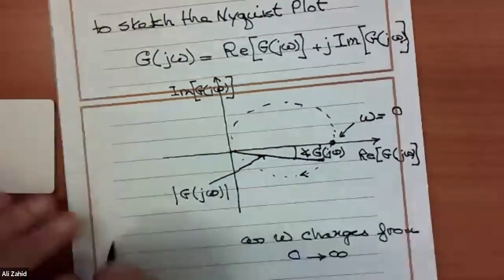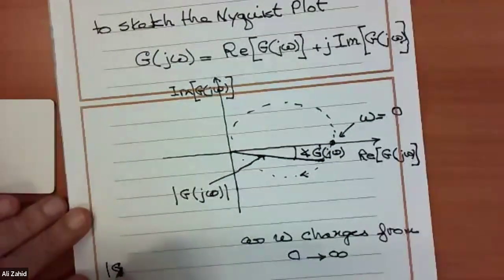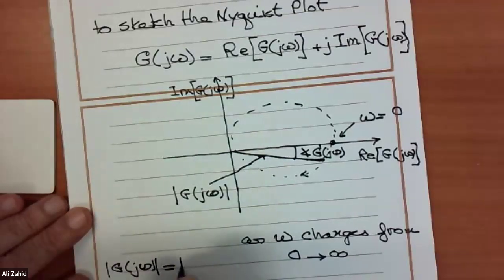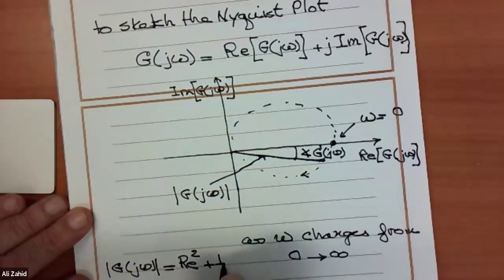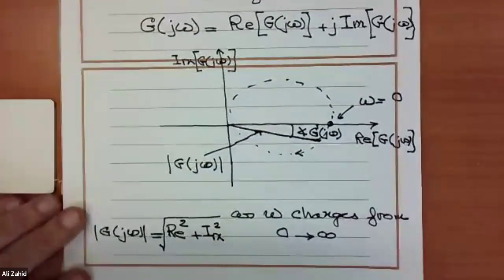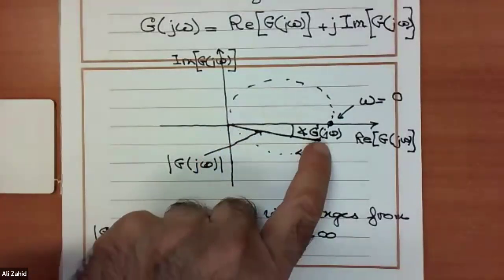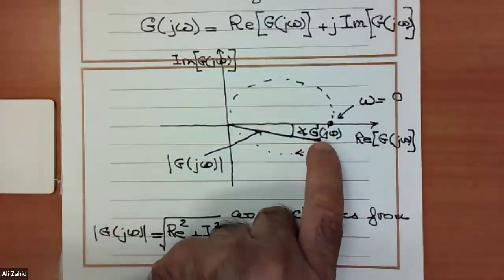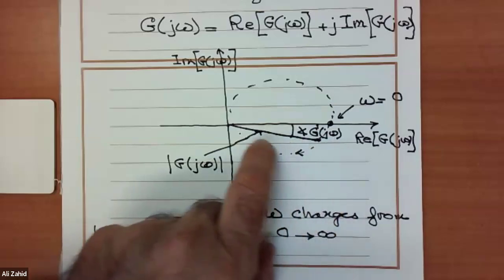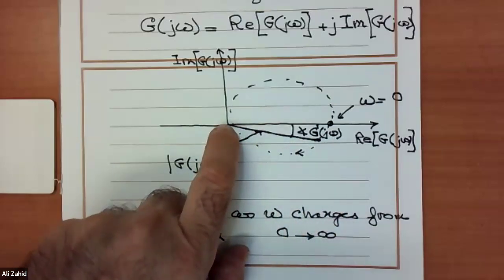One more time, the magnitude of G of j omega is equal to the square root of the real part squared plus the imaginary part squared, which is the length of the vector from a certain value of omega all the way to the origin.